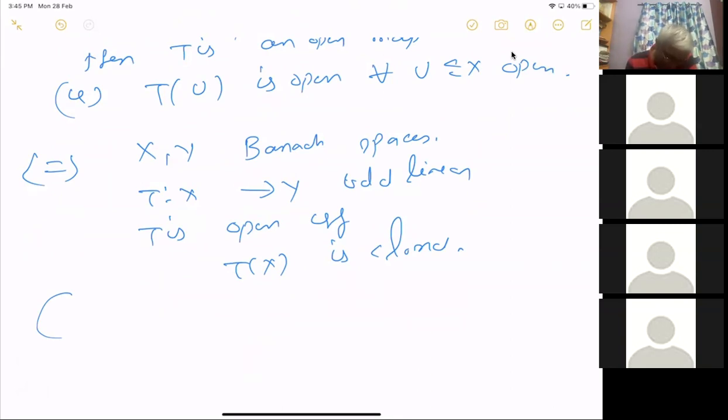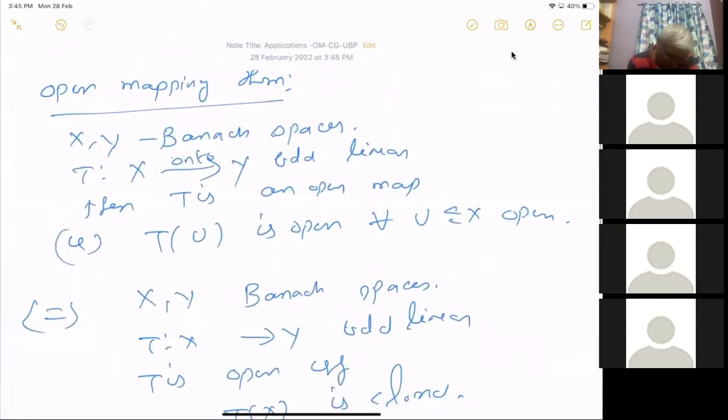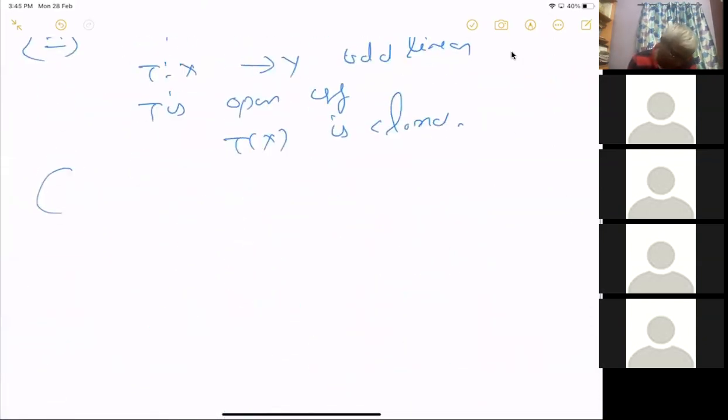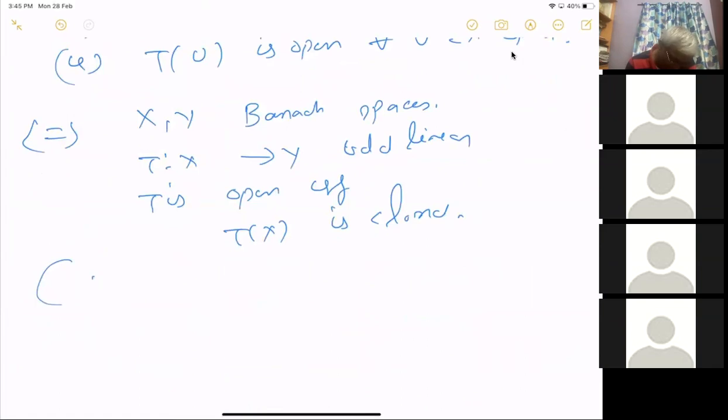So the other way, if T is open, then that implies T is bounded below. I think she proved it. Otherwise, it's also not difficult. You prove that T is continuous if it is bounded: continuity means the inverse image of an open set is open, which is equivalent to saying T is bounded above.